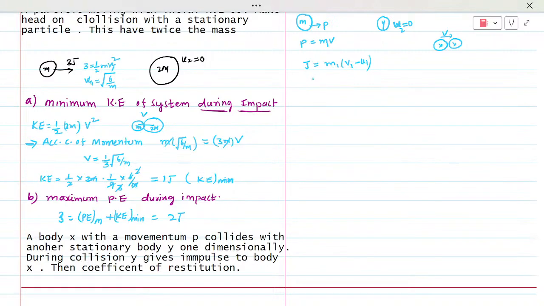So this is J. We know that the coefficient of restitution e is equal to J of reformation by J of deformation.